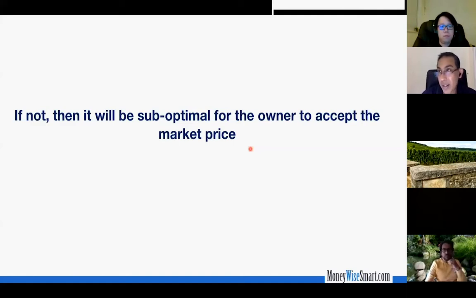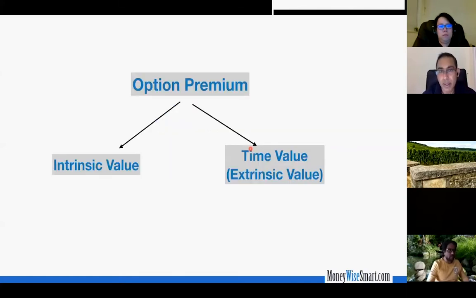I would expect the people who want to buy to pay me an appropriate price, which should at least cover the intrinsic value that is there in that option, which is $58. And I will, of course, expect something more. So otherwise, it will be suboptimal for the owner to accept the market price.